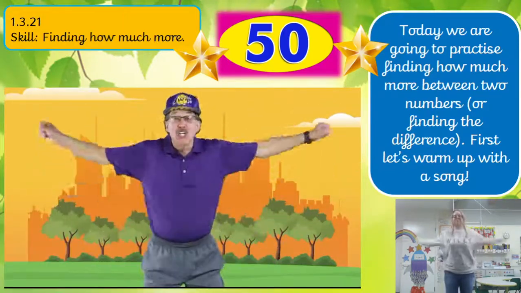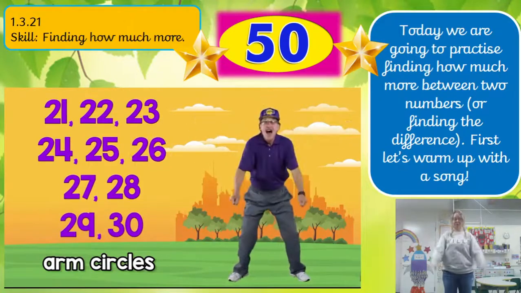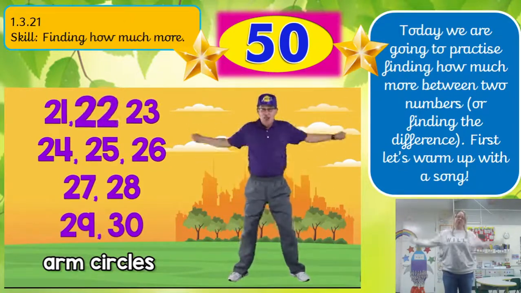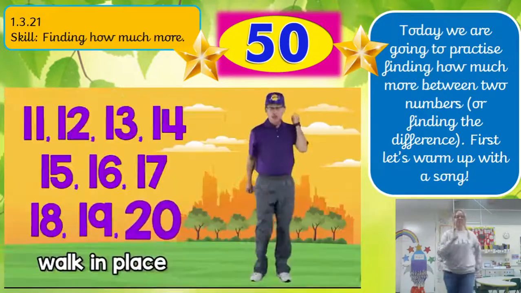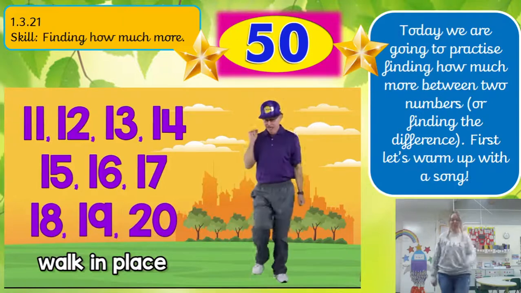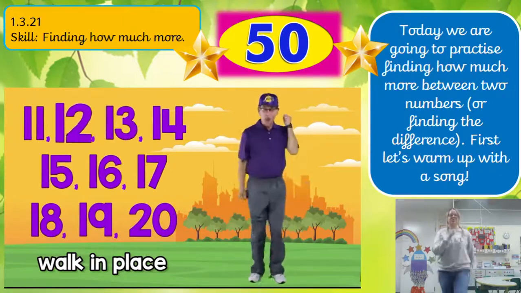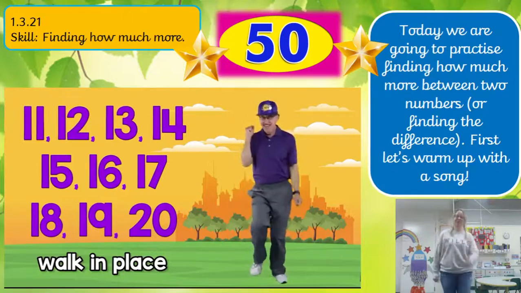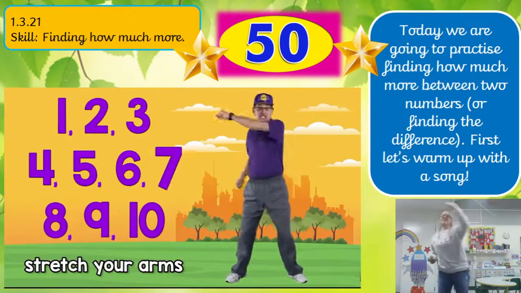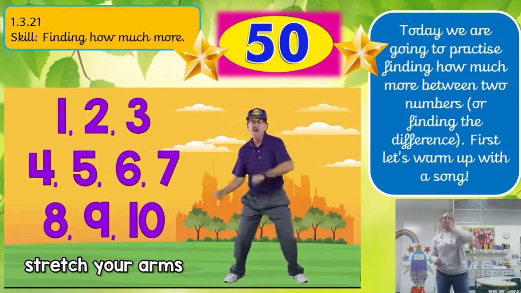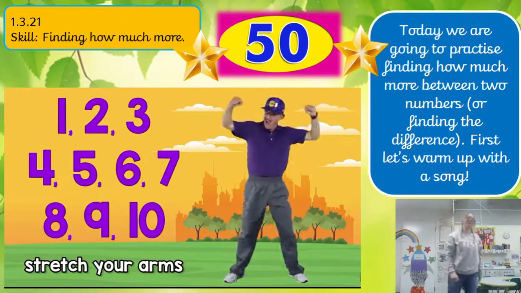Arm circles. 30 down to 21. Walk in place. 20 down to 11. Stretch your arms. 10, 9, 8, 7, 6, 5, 4, 3, 2, 1.